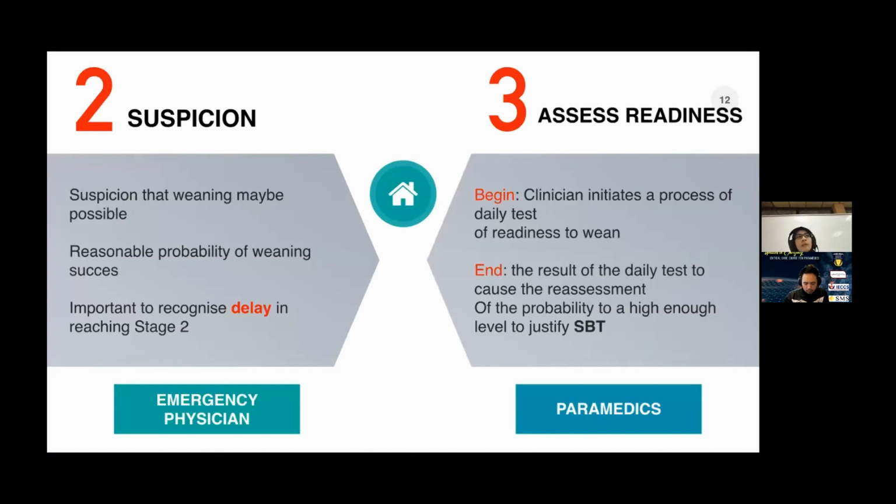Most of the time we treat the acute respiratory failure, but we never think about performing weaning in patients who were actually successfully treated with our pharmacological treatment and intubation, right? So stage 2 is basically not the paramedic's problem. It is the clinician's initiative to suspect that it is good for this patient to perform weaning.